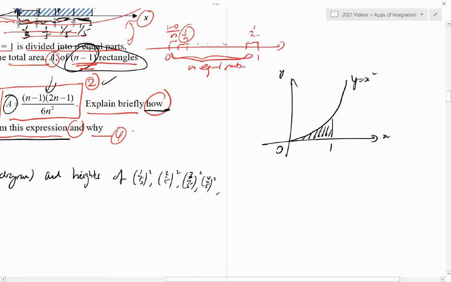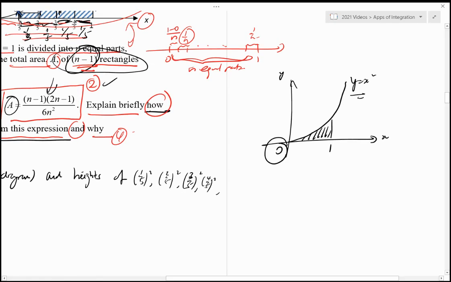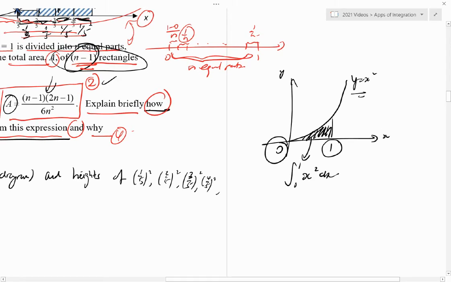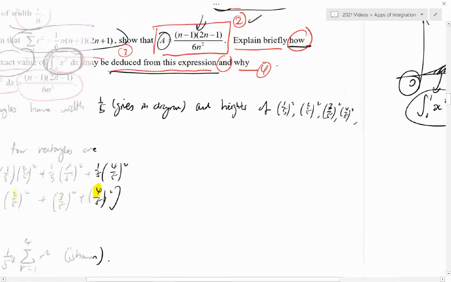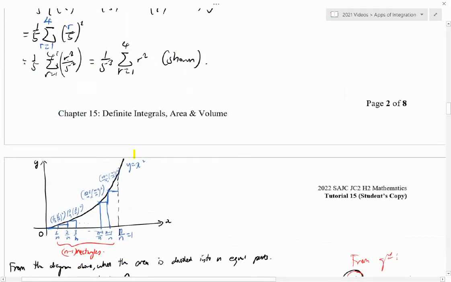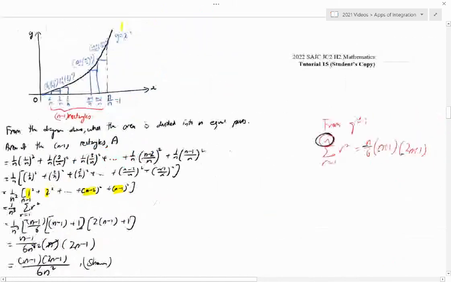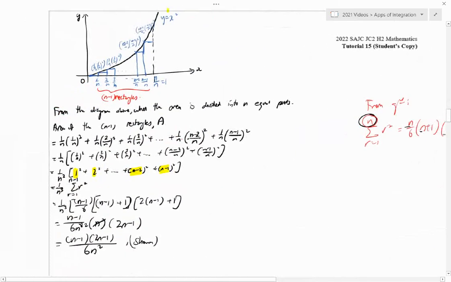If I had to evaluate this area bounded by the curve y equals x squared, x equals 0 and x equals 1, it is exactly this area given by the integral 0 to 1 of x squared dx. And how do I obtain this definite integral? From the sum of the n minus 1 rectangles. Remember, this is now the approximation to it.